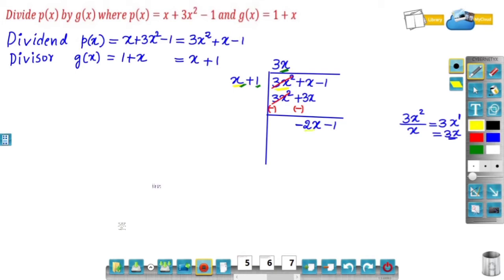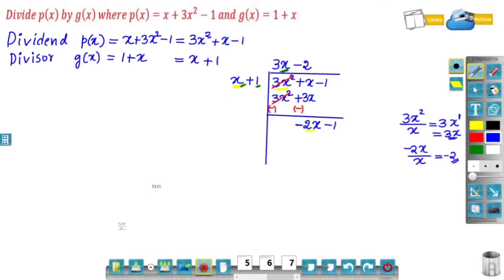Again we have to follow the same steps. First divide the first term by the first term, that is minus 2x by x. Minus 2x by x is x getting cancelled. So remaining is minus 2. So write minus 2 in the quotient.